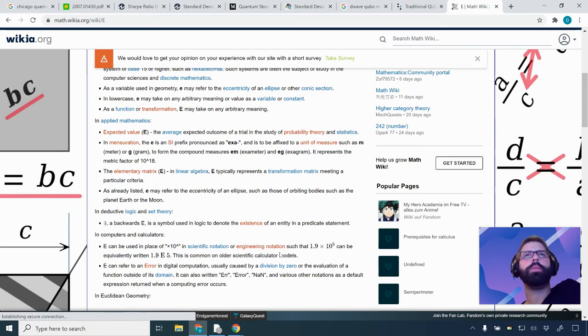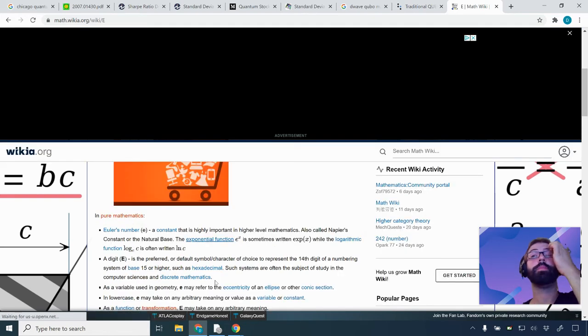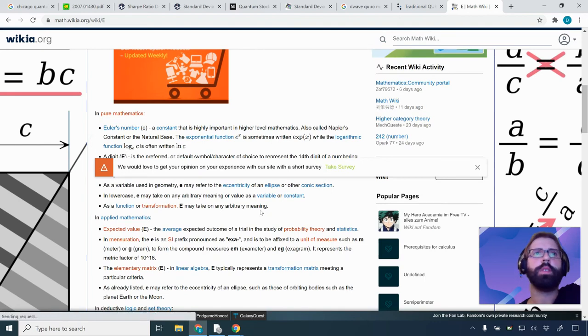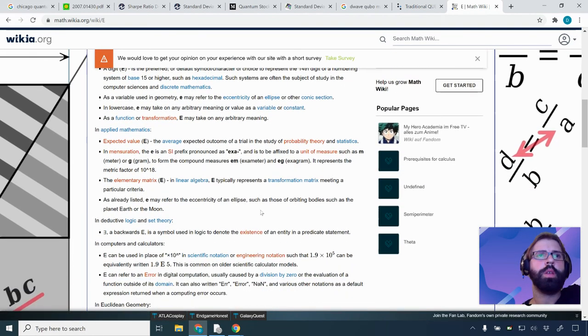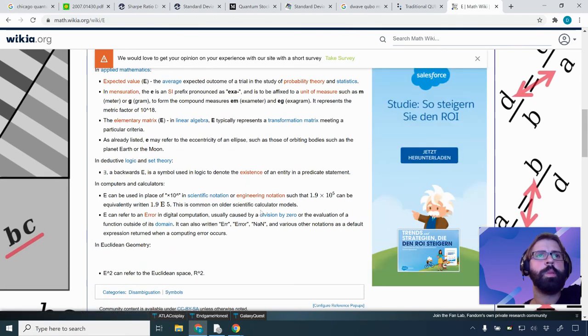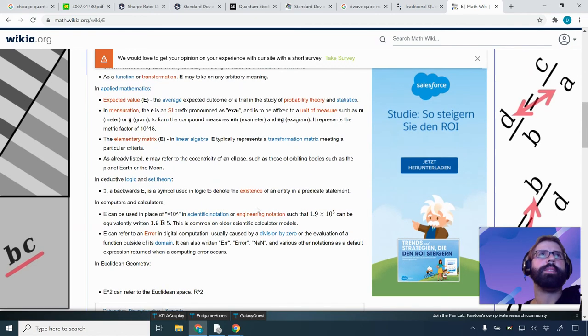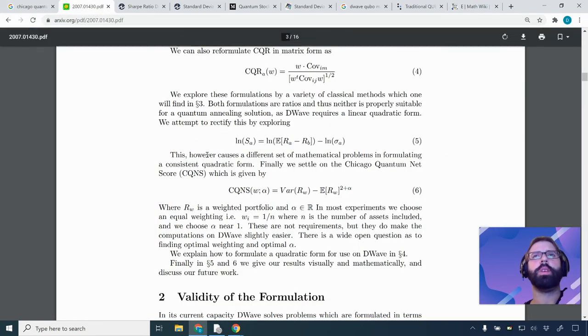Expected value? Is it expected value? In applied mathematics? Oh, come on, commercials. That's what makes the most sense given the context of these being statistics.